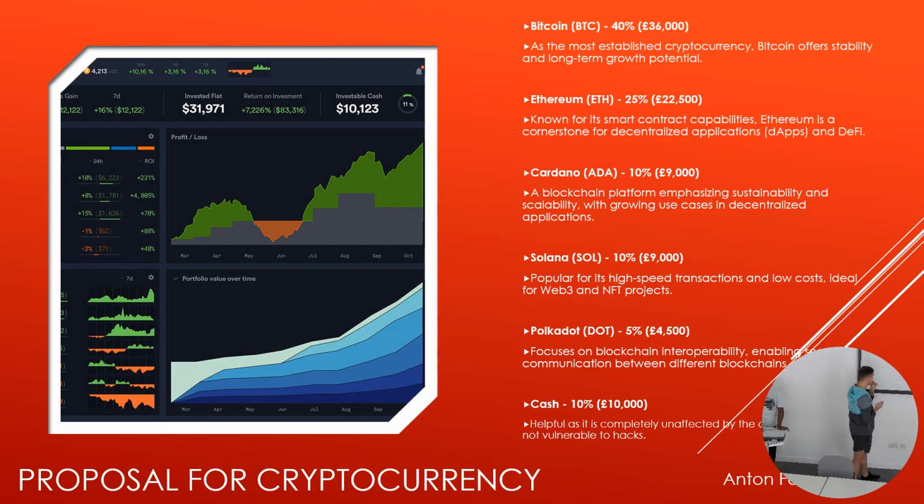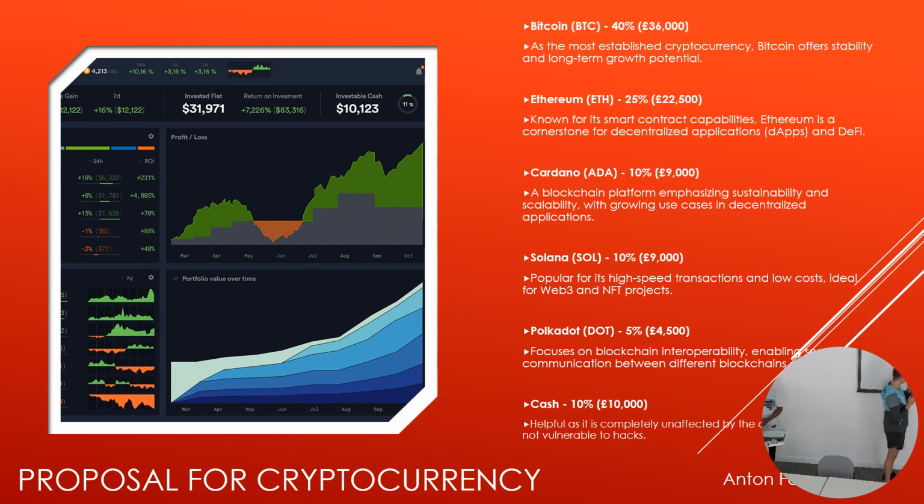For my proposal for cryptocurrencies, I've decided to say you should invest 40% into Bitcoin. This is one of the most established cryptocurrencies, which offers stability and long-term growth potential. Secondly, we've got Ethereum, invest 25%, due to its smart contract capabilities.